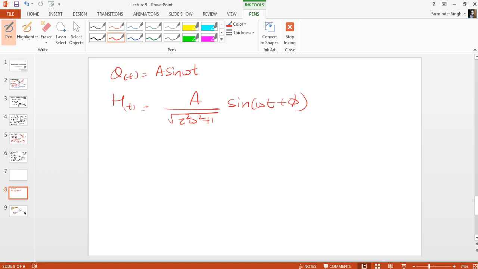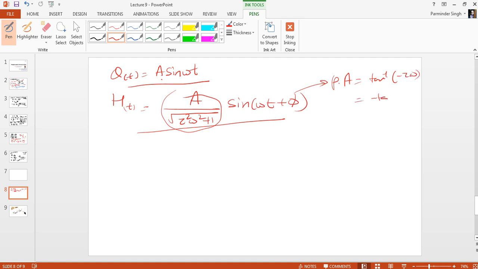So you can clearly see, if the input is sinusoidal, the output will also be sinusoidal, but the only variation is the output will have an amplitude lesser than the input amplitude, and the output will have a lag, and that lag is represented by this phase angle, which is tan inverse minus tau omega, or you can also write it as minus tan inverse tau omega.